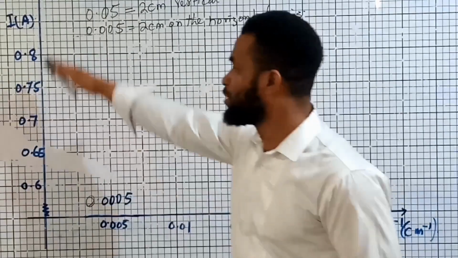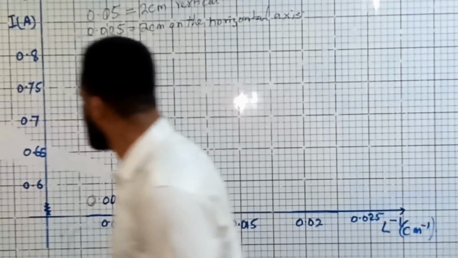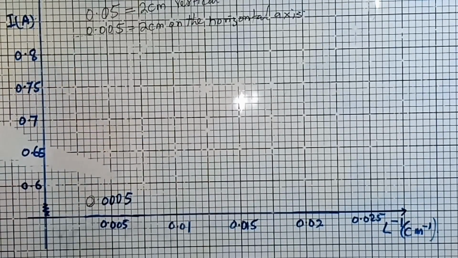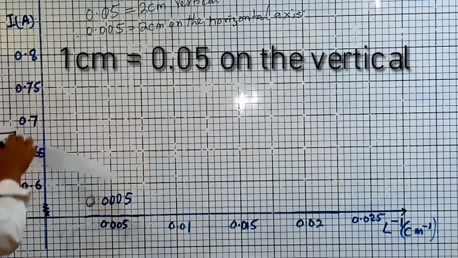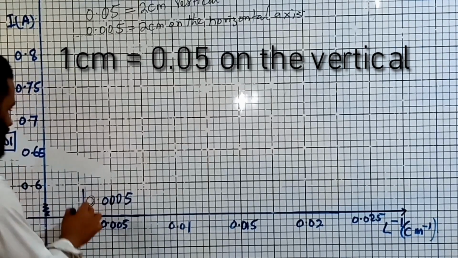Then on the vertical axis, I'm going to say that 0.05 divided by 5 gives 0.01 for each line.